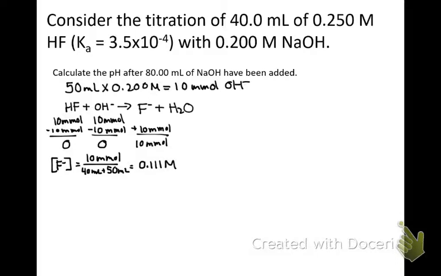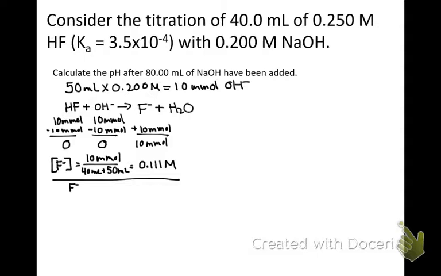Now, F minus is the conjugate base of HF, a weak acid. So that means that F minus is itself a weak base. Since that's the only thing that we have in solution that can affect the pH, we're going to calculate the pH of this solution by thinking about the dissociation of F minus.